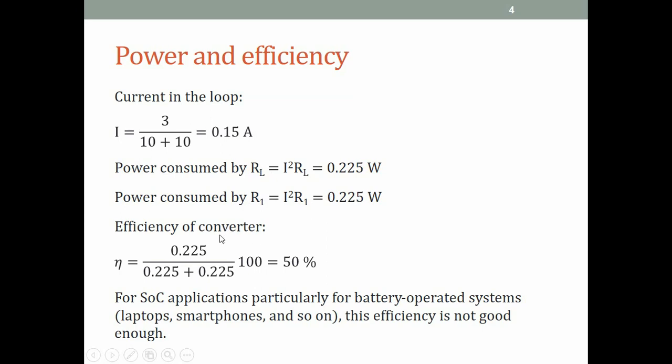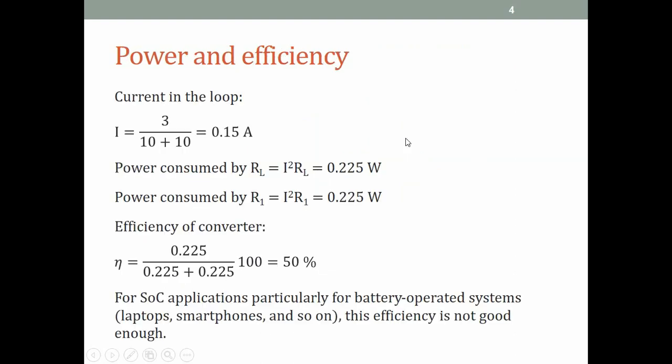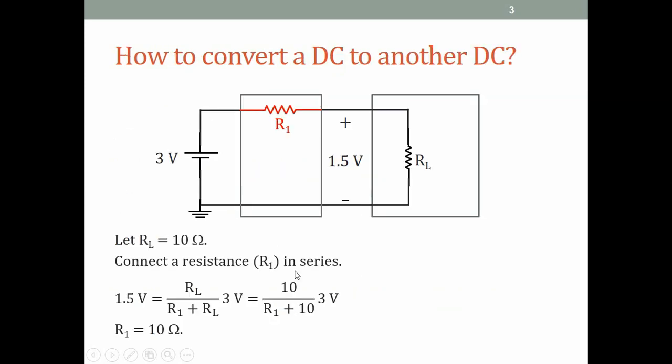Therefore, the efficiency of this DC to DC converter, where efficiency is defined as the power consumed by this circuit divided by the power supplied by the 3 volt source, is 0.225 watts over 0.225 plus 0.225, and so that is of course 50% efficiency. In other words, 50% of the power is lost by the DC to DC converter circuit.